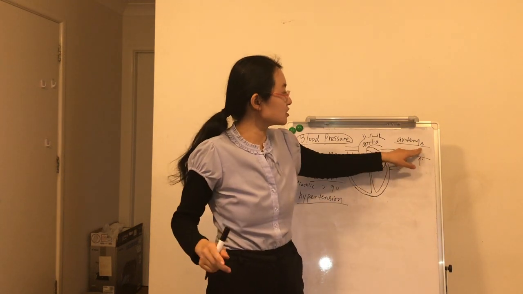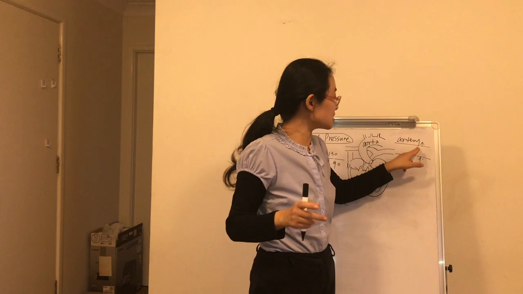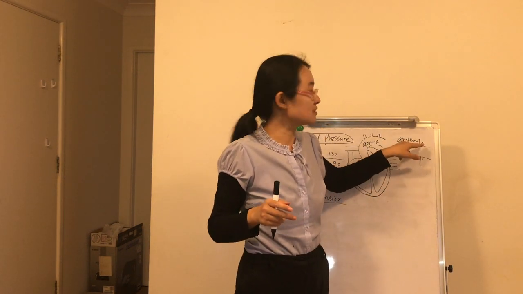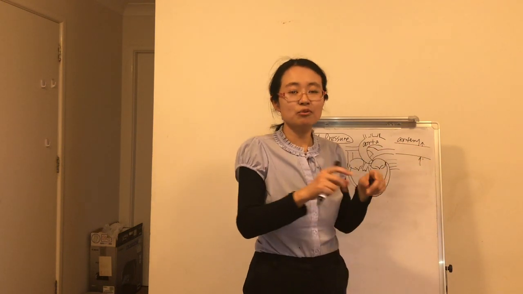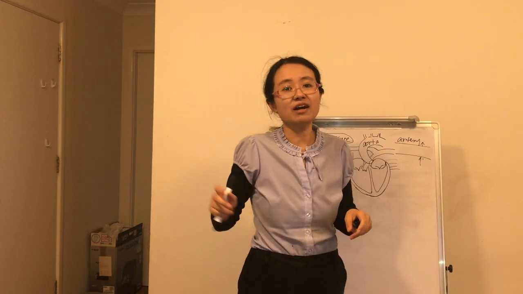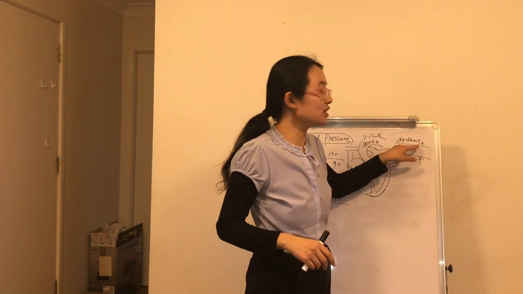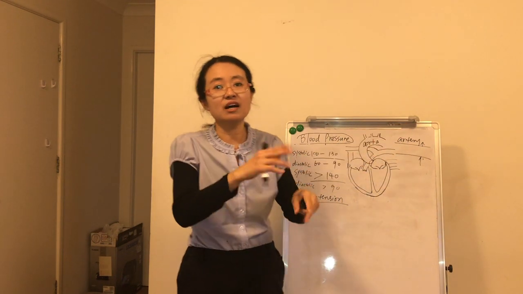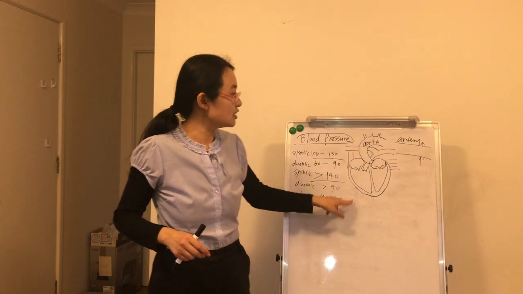If there is always a high pressure exerted on the artery wall, it will damage these layers and make the wall really weak. In the long run, it could cause serious issues. If it becomes weak, it could burst and be damaged, so the blood circulation will be cut off. So hypertension really is risky.